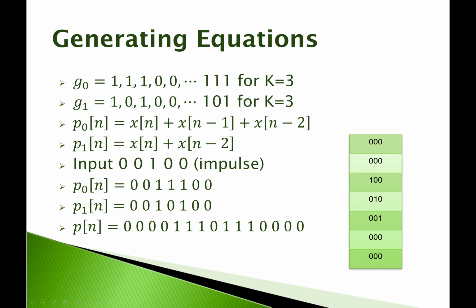So our constraint length k is equal to 3 here, and we'll just call this for shorthand a 111 generator.